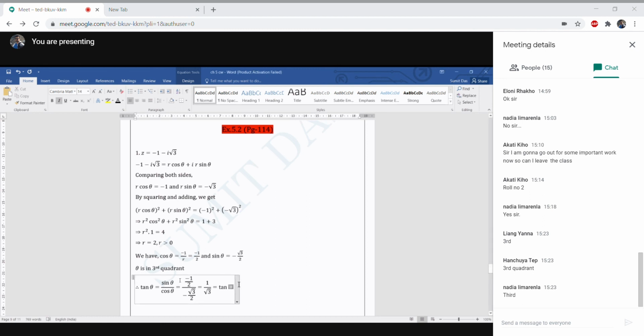Once again, cos theta value is -1 by 2 and sin theta value is minus root 3 by 2. So tan is root 3, square root of 3.